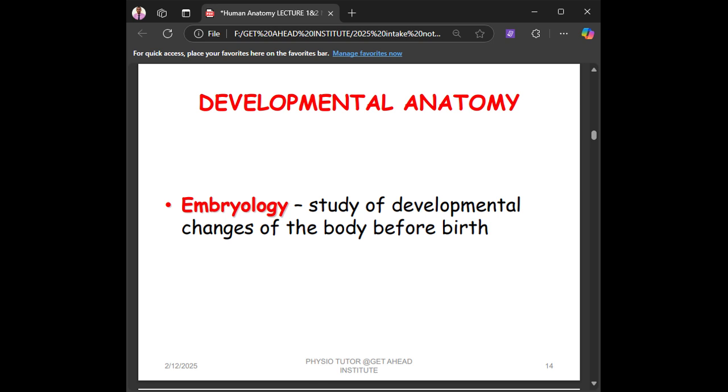So it is from this component of anatomy that you learn the stages through which a human being passes before they are even born. You get to understand how certain congenital anomalies come about, how somebody might have hydrocephaly, how somebody might be born with spina bifida, and the like, among other congenital anomalies.